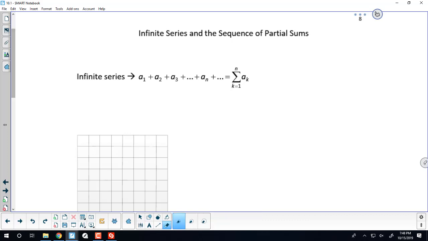And I guess technically that's not an infinite series, because this would have to go from 1 to infinity. Otherwise, it would be a finite sum.